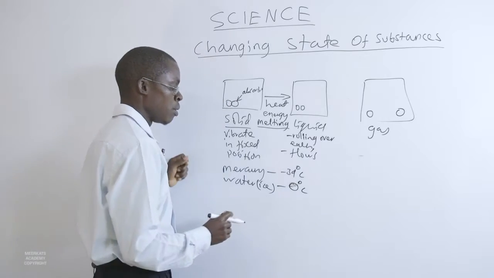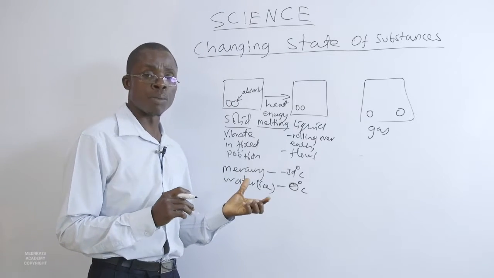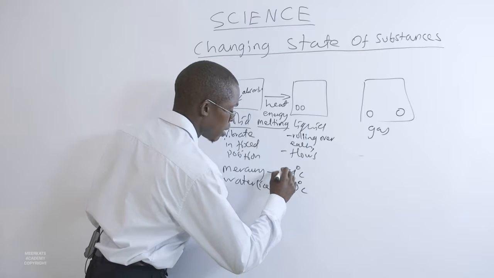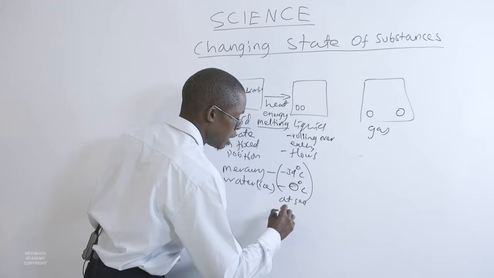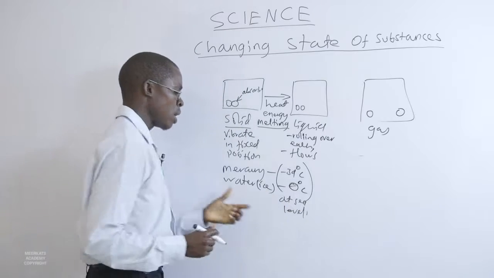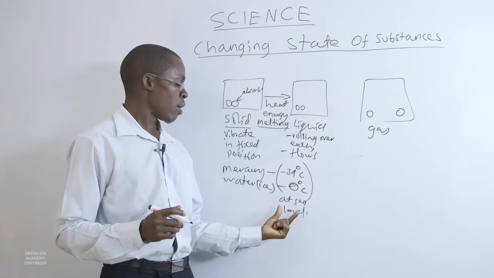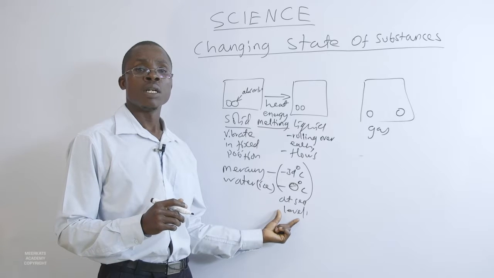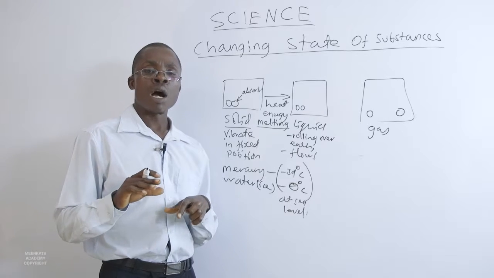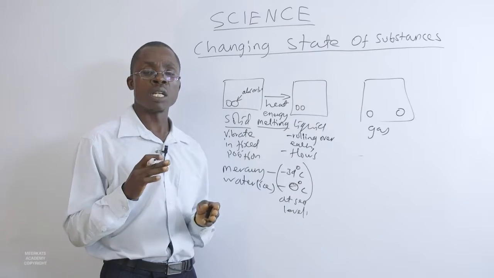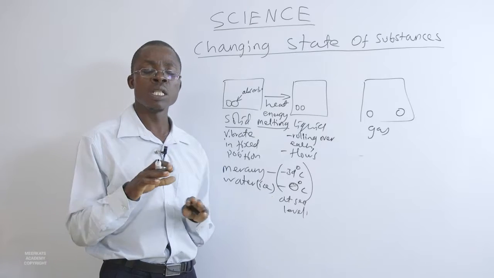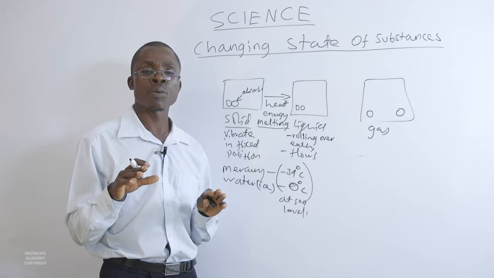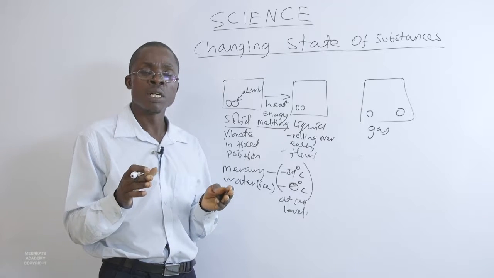degrees centigrade. But remember, when we are quoting these temperatures, you have to make sure that you are talking about at sea level. Why do we mention the sea level? Because as you move above or below the sea level, pressure changes. These are areas of different pressure zones.